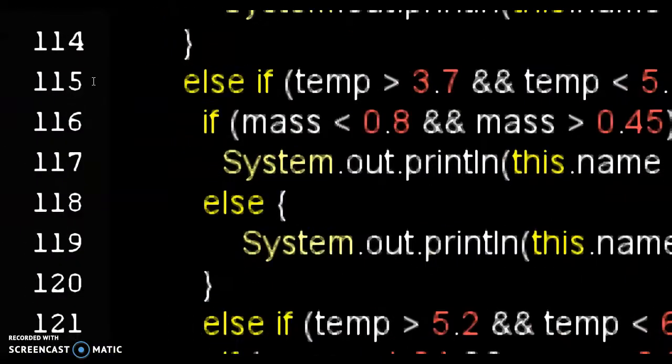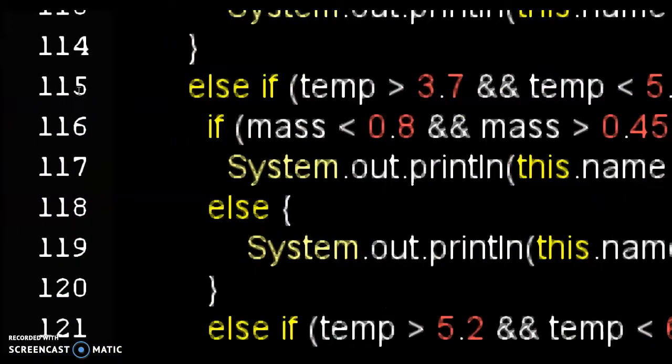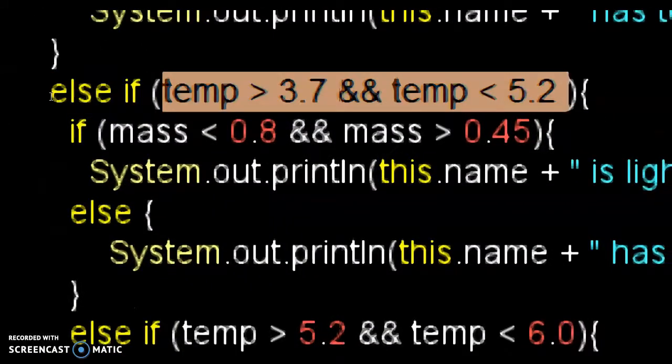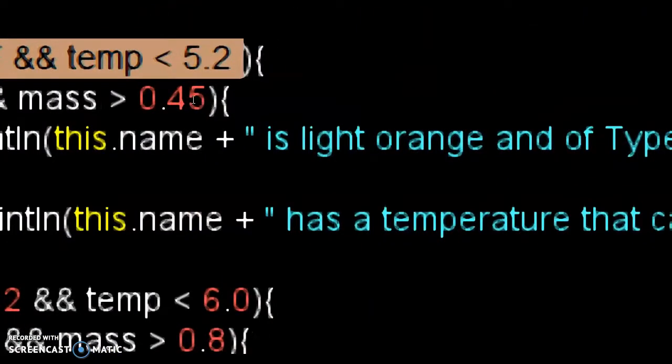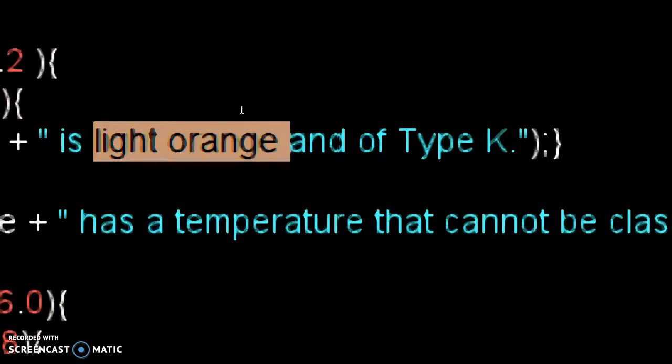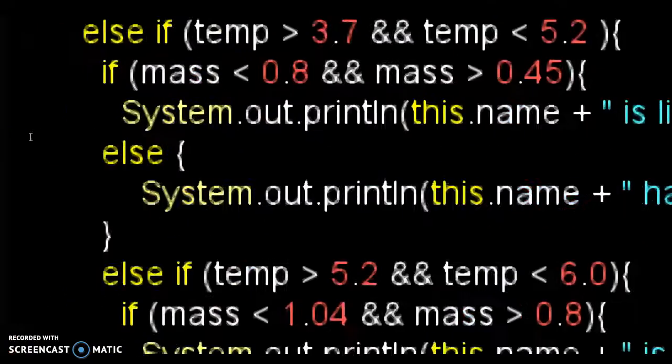And then if we go further on to see a different temperature now, if it's in this correct range, then it'll check the mass, and if the mass is in range, it is going to give a similar statement as before, just with a different color and a different type.